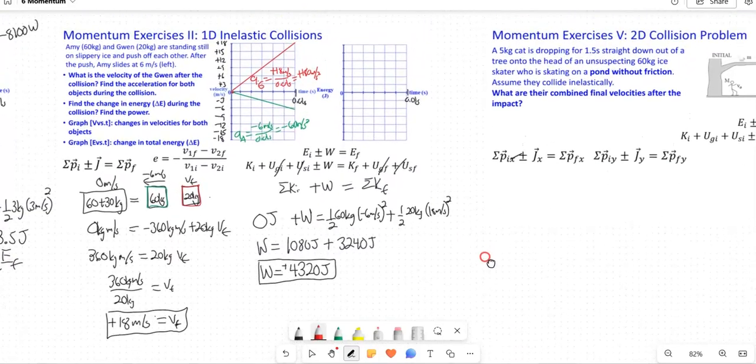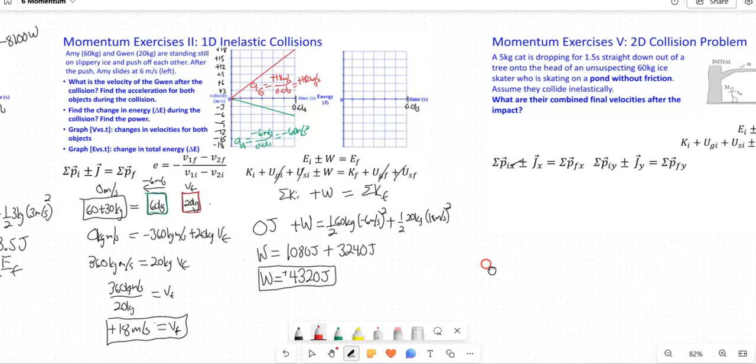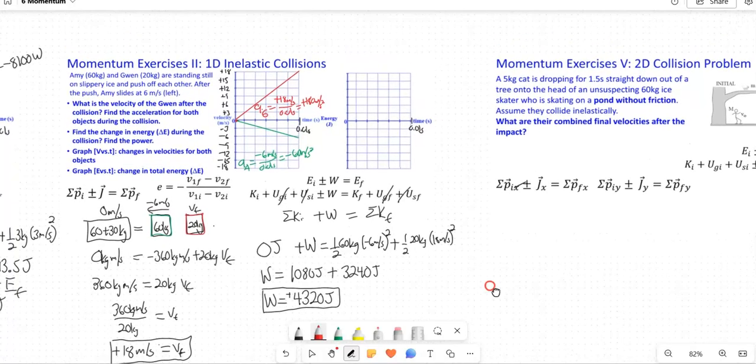Now for the energy. Well, it's pretty easy. They both start off not moving, and we'll call this positive 4320 up here. So that's 4320 joules, and it ends up going up here.